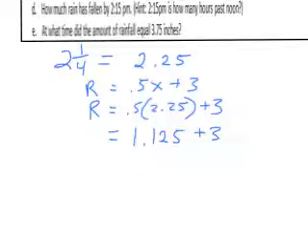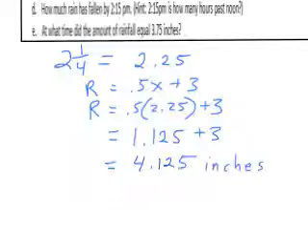So we would get 1.125 plus 3. And that would equal 4.125. So that comes out to 4.125 inches, very close to 4 inches of rain.